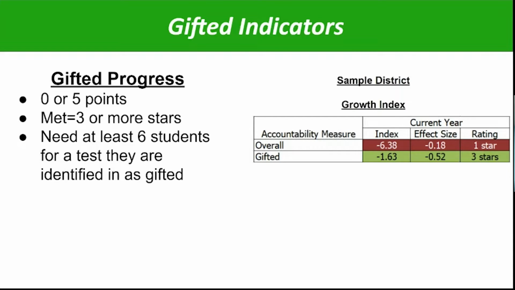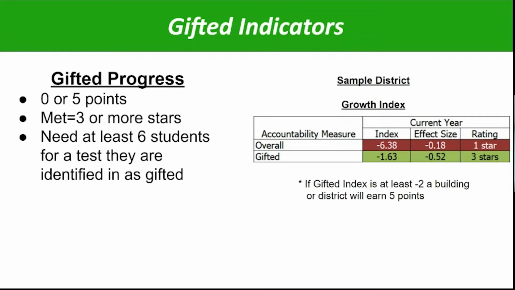This is what the report looks like when we pull this up on EVOS's site. And last week when we looked at this, we paid attention to the overall a little more. Today, we're going to look at that gifted. So this example right here, they had a negative 1.63. And if you fall anywhere above -2 as your index, that's going to give you a 3-star or higher rating.